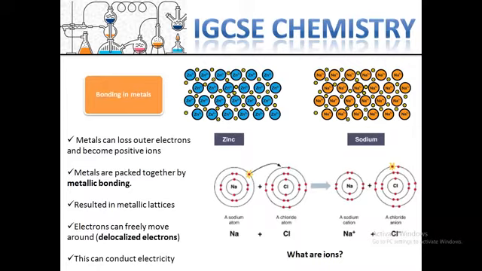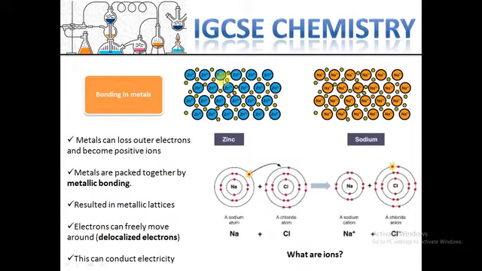This movement, the presence of electrons, can hold the metals. These electrons, which can move freely, we call delocalized electrons. They are not localized. Localized means stay. Delocalized means move freely around.